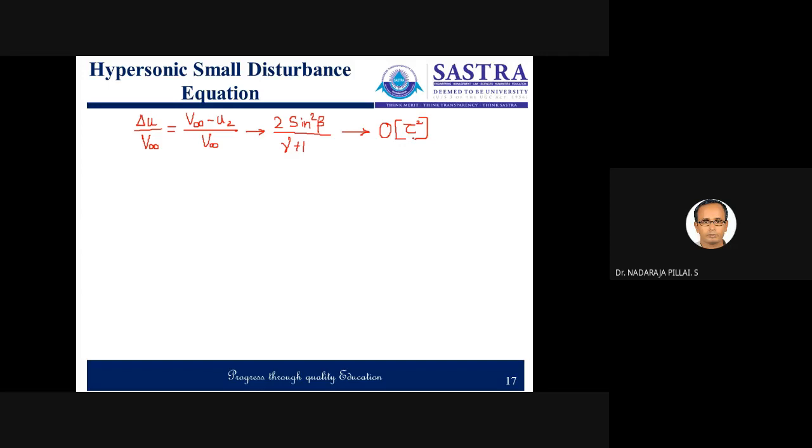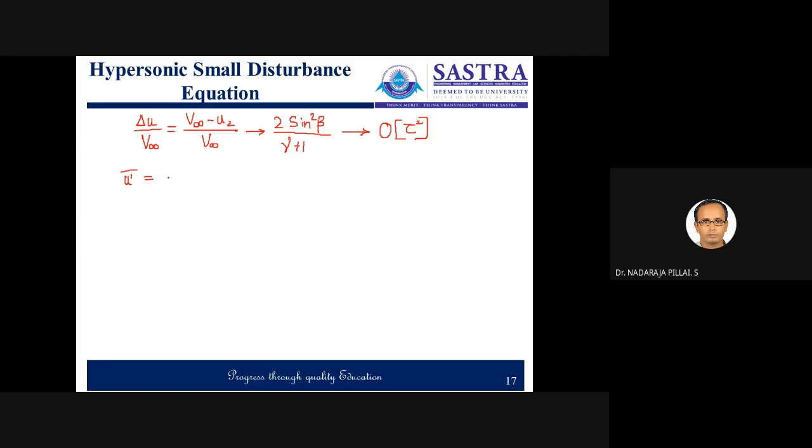So this implies that the non-dimensionalized form of the perturbation velocity u dash, the bar I represent in order to say the non-dimensionalized form, and u dash is the representation of the change in velocity in x direction.